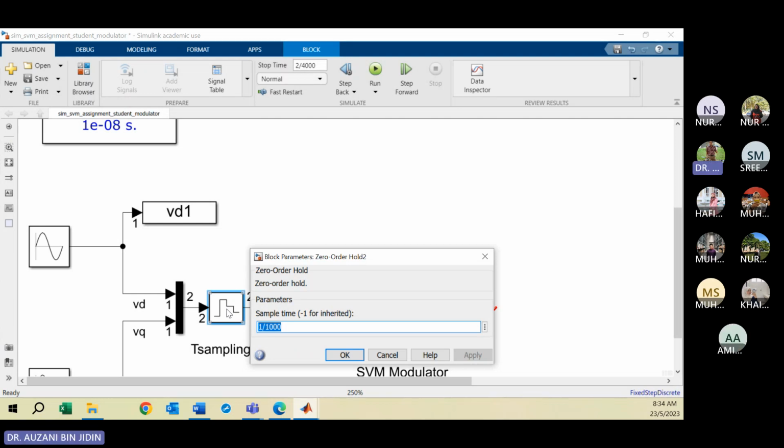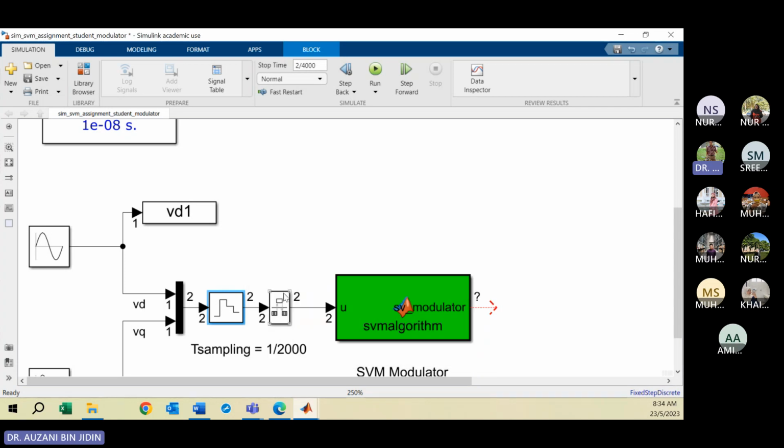The switching frequency is determined by the triangular frequency. So that's why you need to set the sample time to the inverse of the triangular frequency, 1 divided by 1 kilohertz. So here will be 1 kilo.